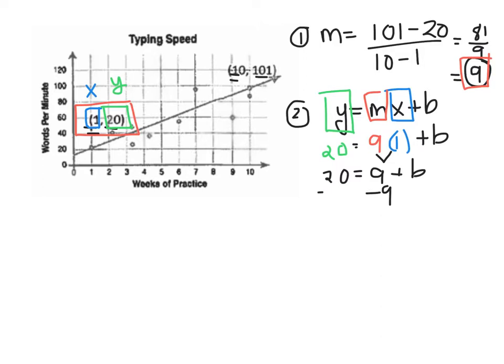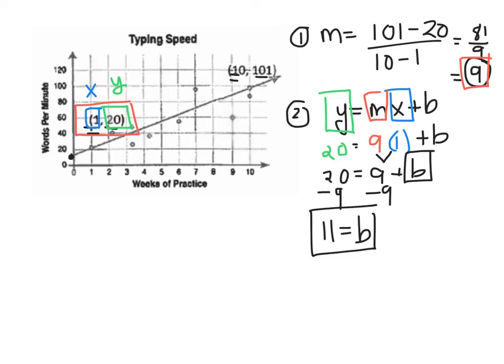We're going to subtract 9 because we're trying to get b by itself. So we have to get rid of the 9, which gives us 11 as our b value. Which makes sense because if you look at our trend line, our y-intercept is somewhere below 20. So 11 would be a fair guess.